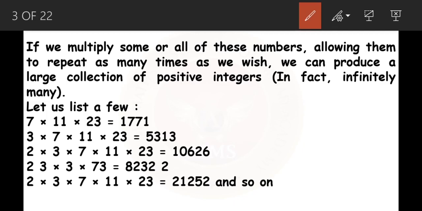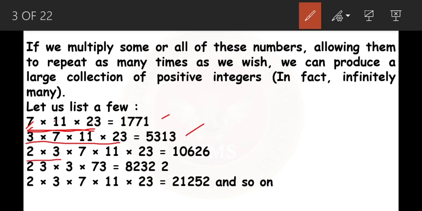Now we have to multiply the prime numbers and check whether we get a number. If we take numbers like 7, 11, 13, 23 and multiply them, here I am multiplying 7, 11, 23. What number have I got? 1771. If I multiply 3, 7, 11, 23, then 5313.